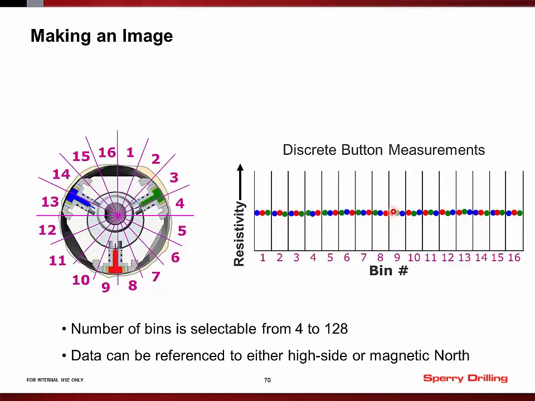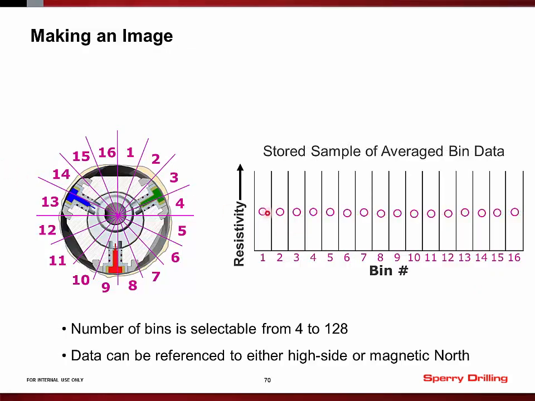And in practice, it may contain multiple samples from all 3 buttons, depending on how many times the tool rotates during a sample period. At the end of a sample period, we take an average of all the values that we've accumulated in each bin to provide a single resistivity value for each bin. And that's what we can then take and plot as an image on the log.